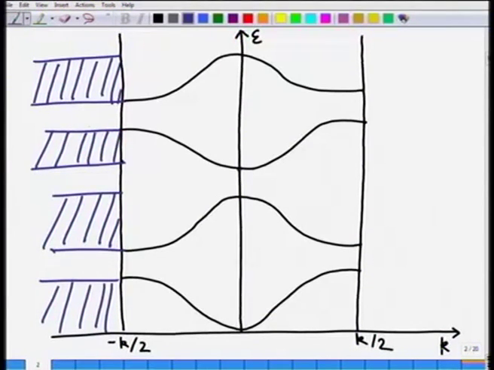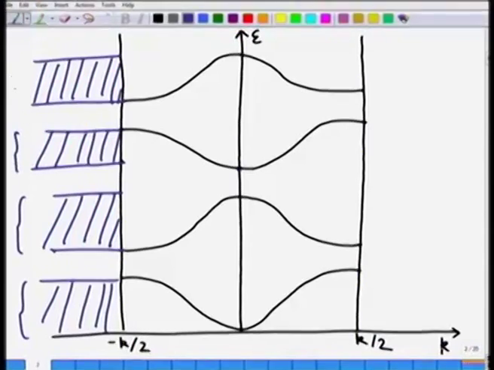So, you can keep seeing gaps in between, and these are called bands. These are the energy bands, the allowed values of energies, and the band gaps in between are energies which are not allowed for electrons.